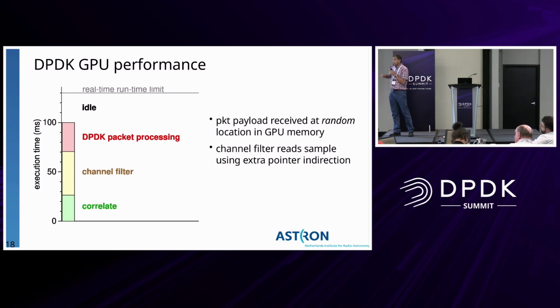As you can see, it takes 100 milliseconds, 71 of which is for the filtering and the correlations, and the rest of which is the overhead from DPDK packet processing.